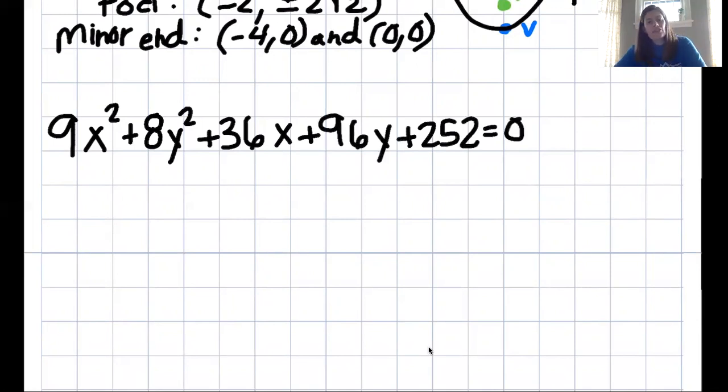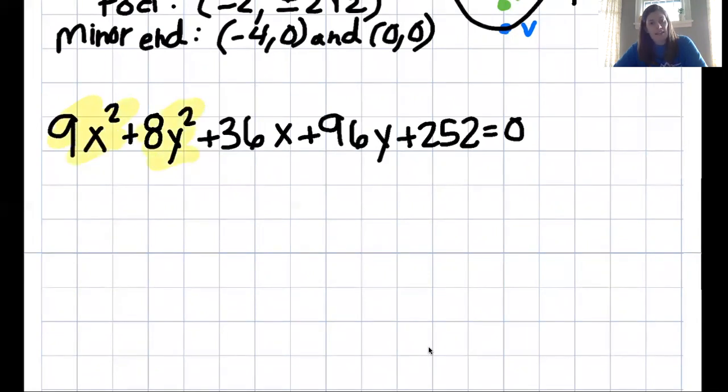And I'm going to do this just a little bit different so you can compare how you saw it in Mrs. Homan's video and then how I do it here, just because there's a lot of terms over here, and I know I'm going to be completing the square because I have the x squared and the y squared.